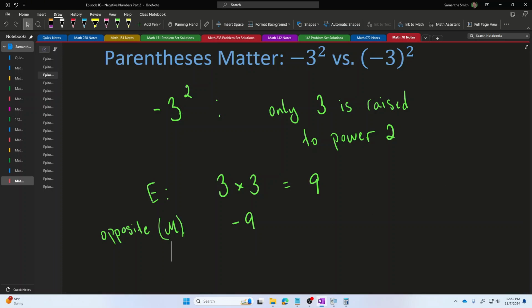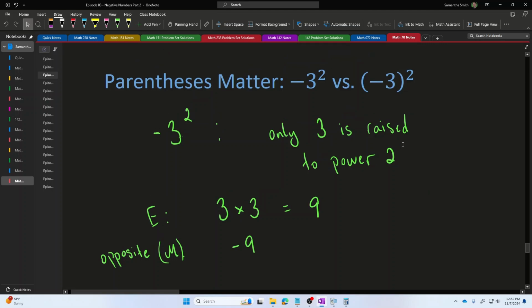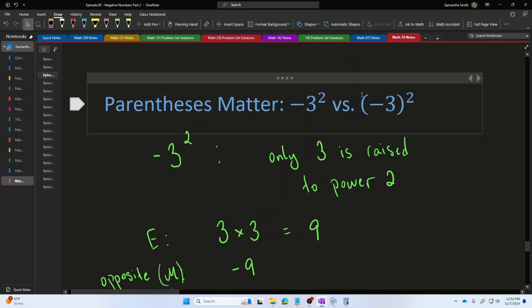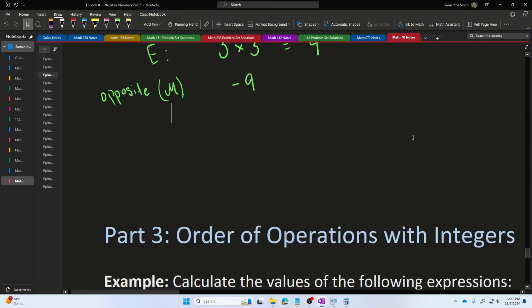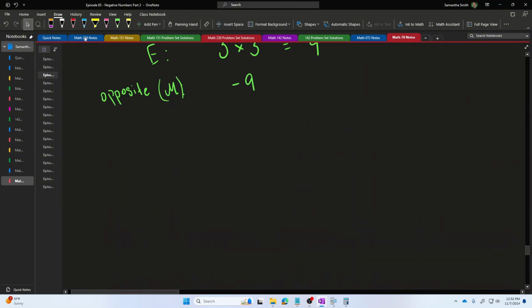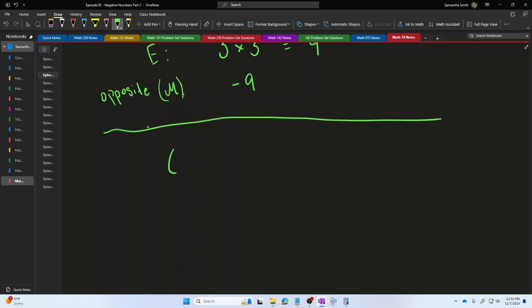Now that's very different from if we put parentheses around the negative 3 and then applied the 2 to that quantity. If you write negative 3 in parentheses and apply the 2 to that parentheses, this is how you communicate that I want to take negative 3 and raise that to the power 2.